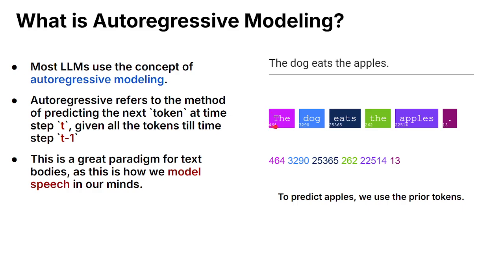We should have these tokens ready for us, right? The culmination of these things should give us a reasonable probability distribution of apples being the next one. And this is great for text because we also think and speak like that. This is how speech is modeled: we want the next things we say to relate to the things we have already said.